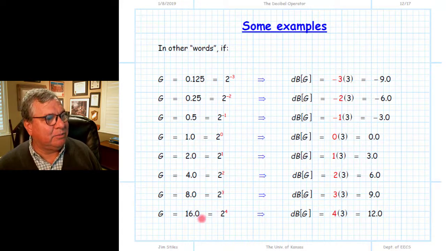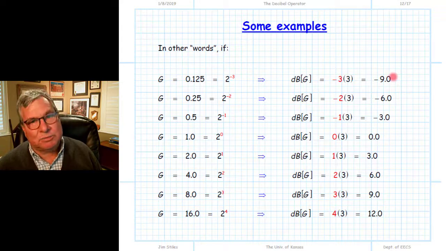Our gain we can write then as 2 to some integer power, and that integer allows us to directly determine the resulting gain when expressed in decibels. And when we do that, we find that the value when expressed in decibels increases by a value of 3. Not by a factor of 3, but by a value of 3. From minus 9 to minus 6 to minus 3, 0, 3, 6, 9, 12.